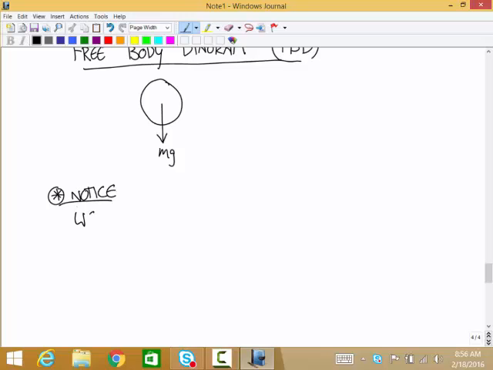Weight is proportional to mass. Gravity pulls harder on large things than small things.